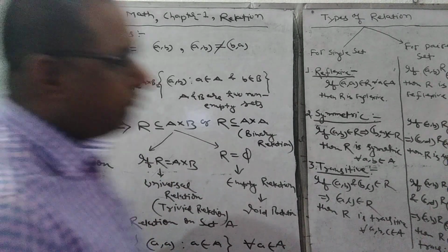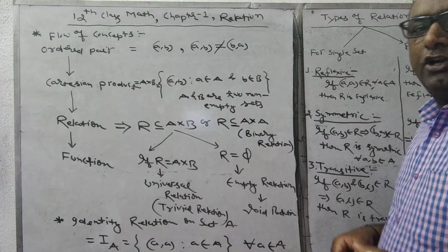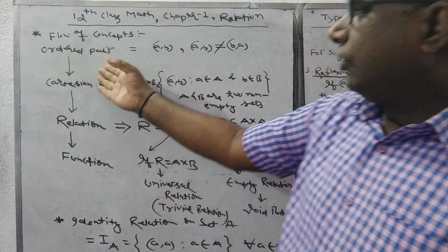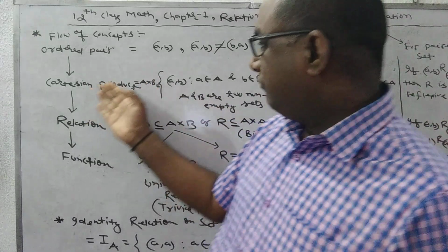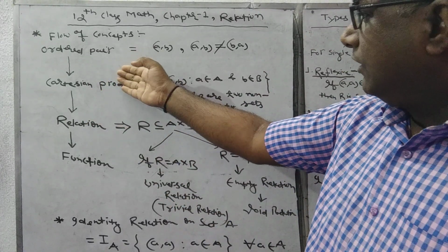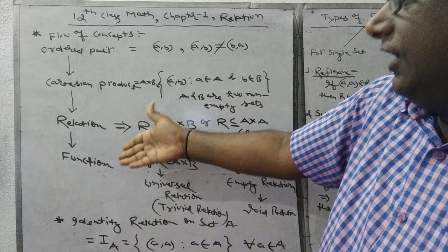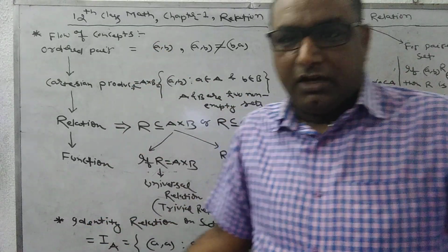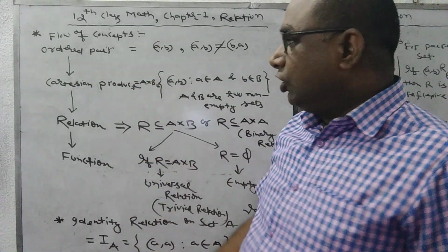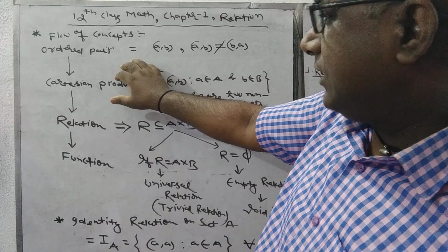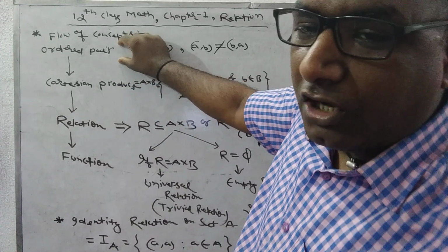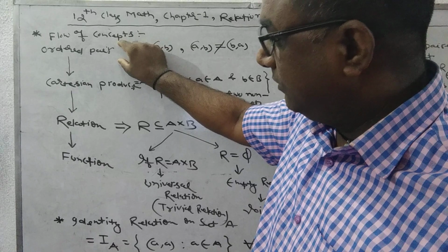First of all, I want to show you the flow of concepts: how you can relate the relation before starting with another concept of set theory. Before starting the relation chapter, we must know about the ordered pair.